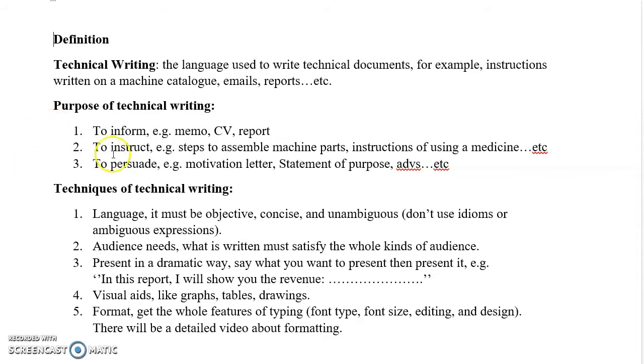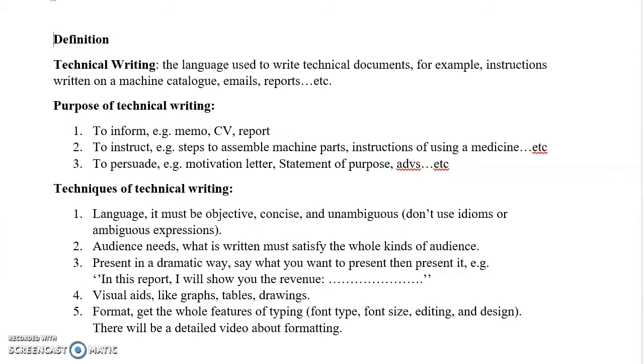The second purpose is to instruct. For example, when we say steps to assemble machine parts or instructions for using a medicine. To instruct means that I am making a technical writing document just to let you know how to behave with this machine, how to assemble its parts.